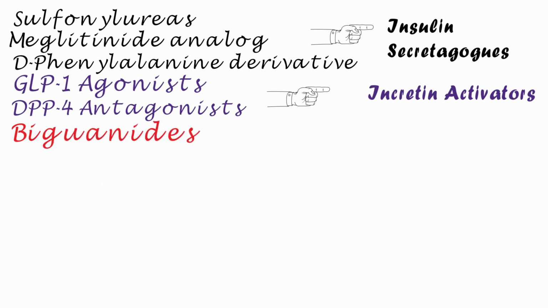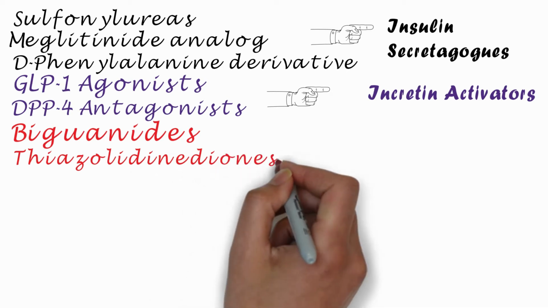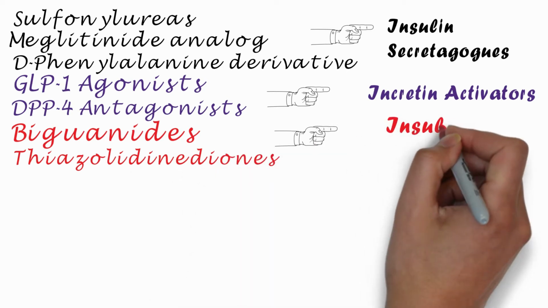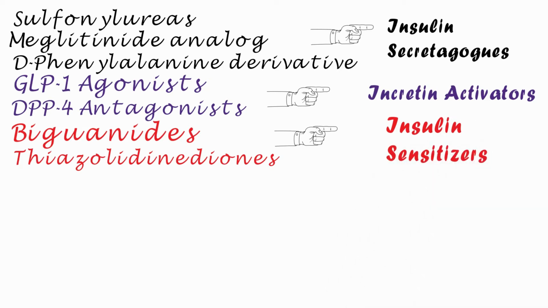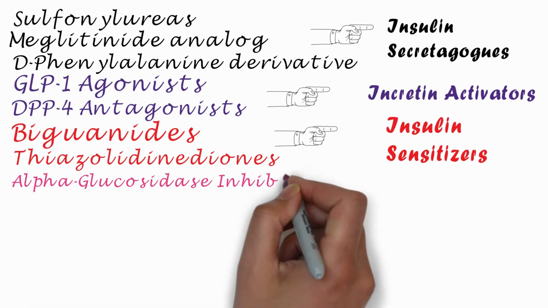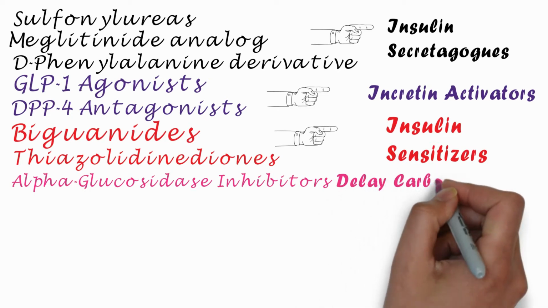Biguanides and thiazolidinediones are the two groups which act by increasing the insulin sensitivity in various tissues. We also have drugs which inhibit the alpha-glucosidase enzyme present in the brush-border epithelium of small intestine and delay the carbohydrate absorption.